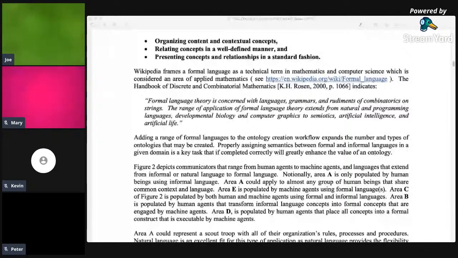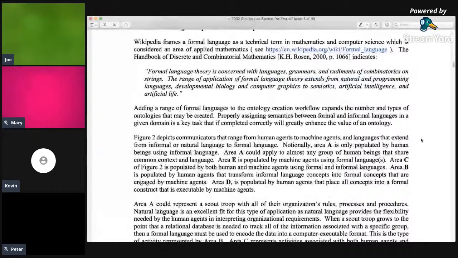Okay, so let's see. Figure 2 depicts communicators ranging from human agents to machine agents, in languages that extend from informal or natural language to formal language. And then it goes through and talks about areas that only have human beings, and they have a lot of flexibility in interpreting what those things mean in context.